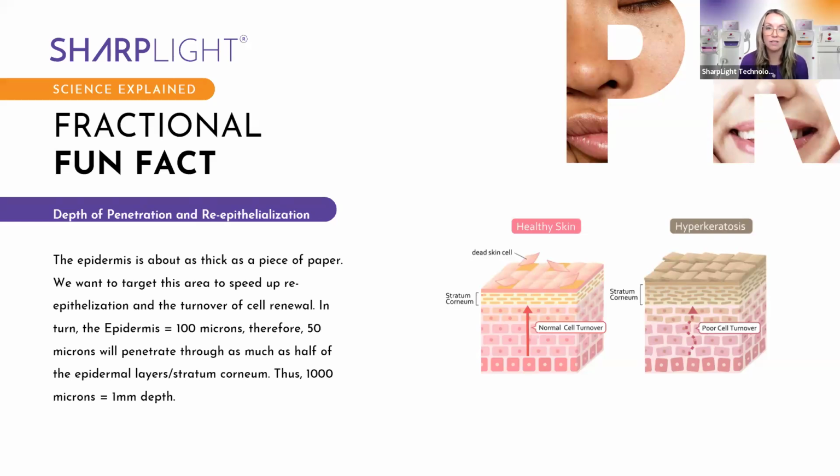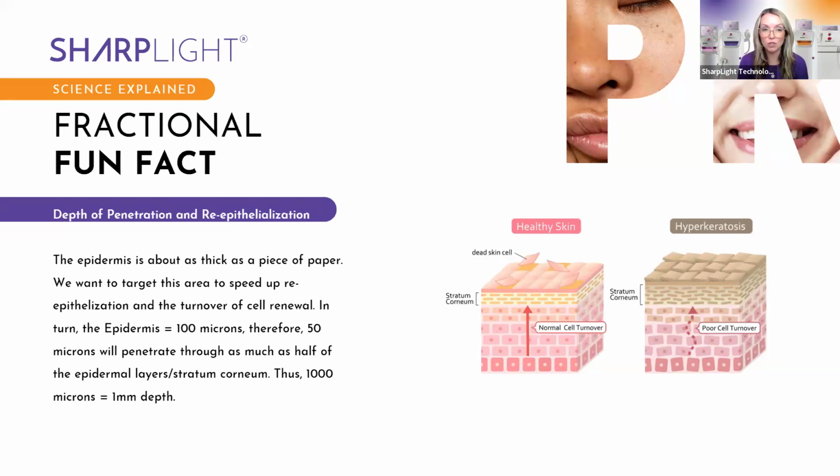So we want to target this area to speed up that re-epithelialization, which means our skin turnover, having those dead skin cells slough off so that we have newer cells always coming to that surface. So that turnover of cell renewal is really important for that skin rejuvenation, for that more youthful appearance, as well to remove damage, right? We want newer, healthier cells to the surface rather than the damaged, dull cells that sit at the surface.